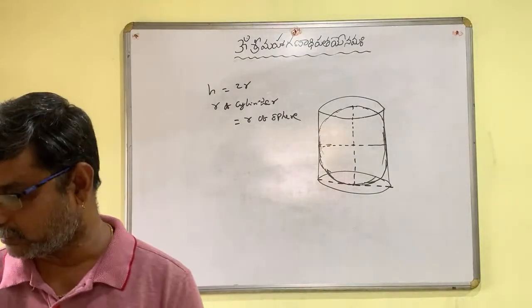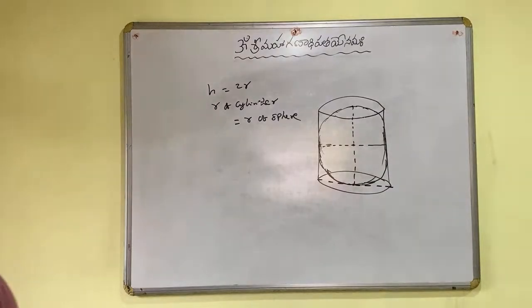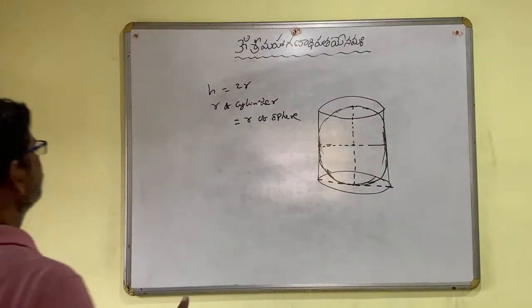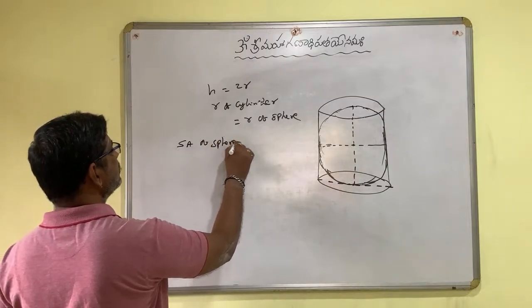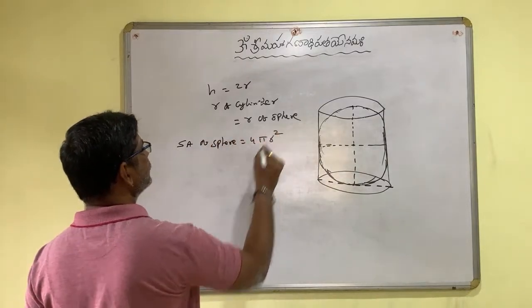Okay na? Now what is being asked? Surface area of sphere, which is 4 pi r square.